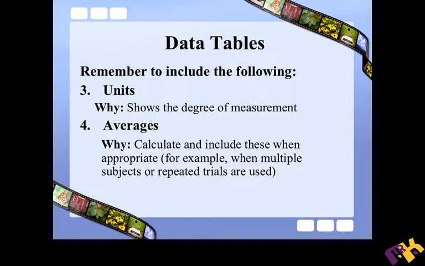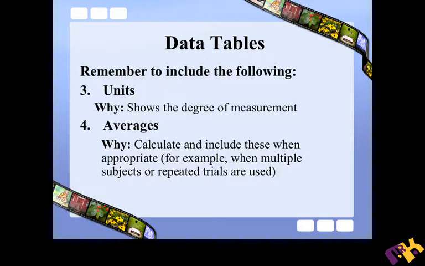or value. And then if we have numerical data to work with, and we have multiple trials or subjects, or maybe just data from the same subject, we're going to want to average that stuff. Because maybe we take several measurements. Maybe we measure plants 1 through 5 several times.